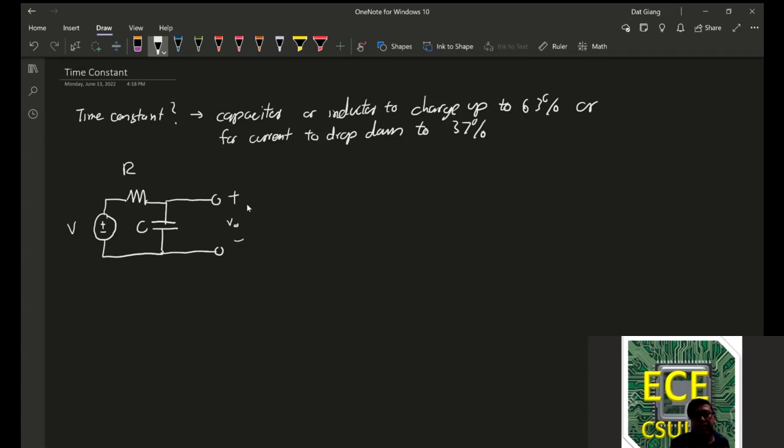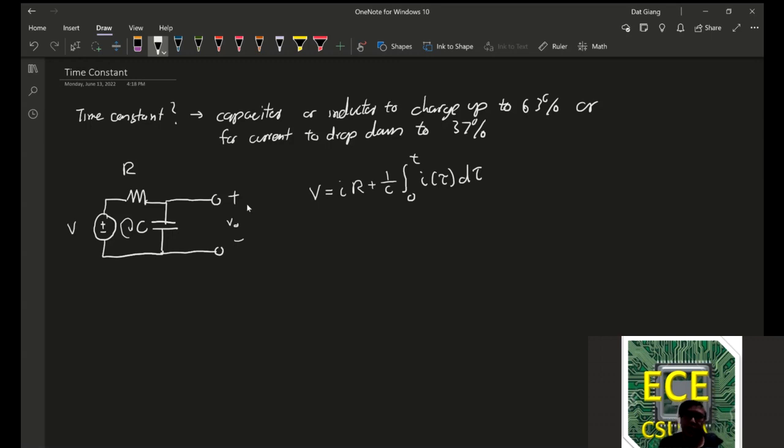is going to be, well, first, let's consider using KVL. At this time, we don't actually know any other method, so we have to deal with using KVL and KCL. So for this situation, voltage equals I times R plus 1 over C integrating from 0 to t, I of tau, d tau.